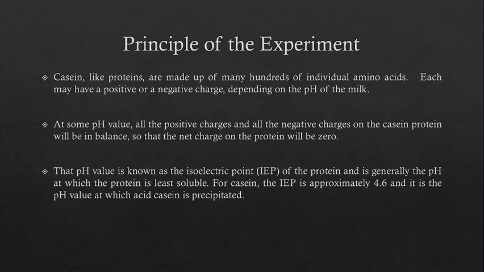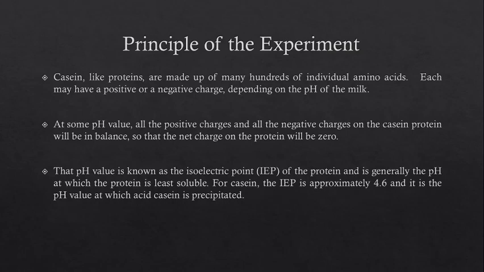It is the pH at which the net charge on the protein is zero. How does this happen? Casein is a protein made up of many amino acids, and each amino acid may have a positive or negative charge depending upon the pH of the milk.